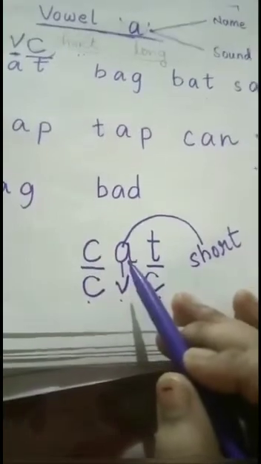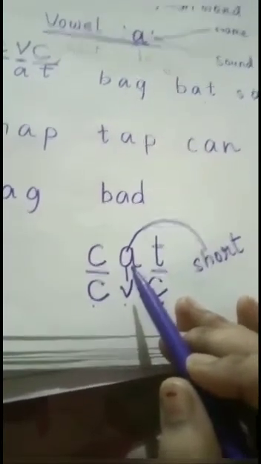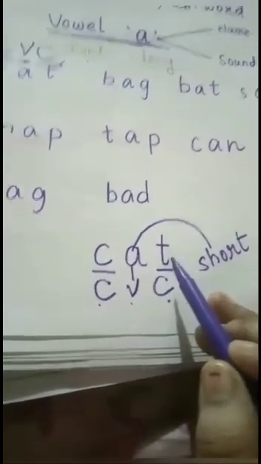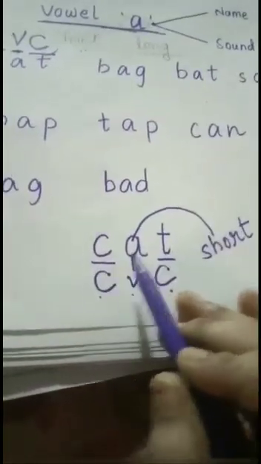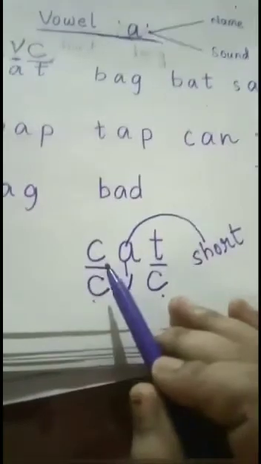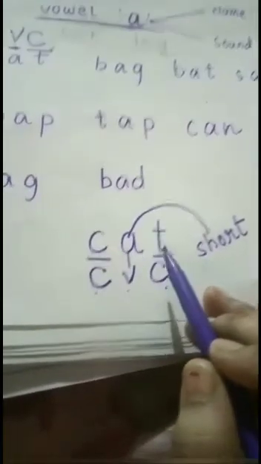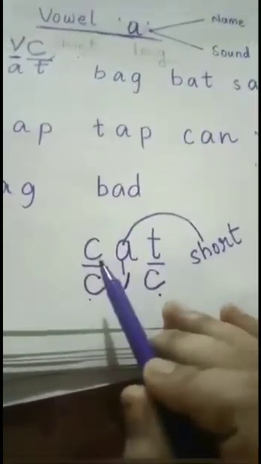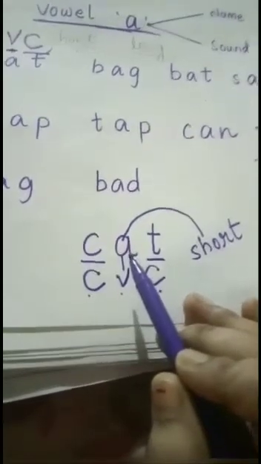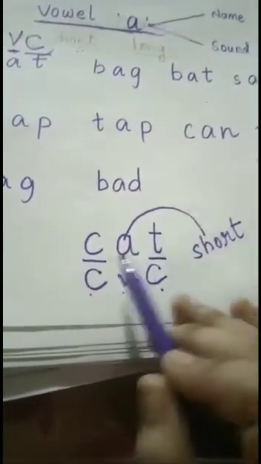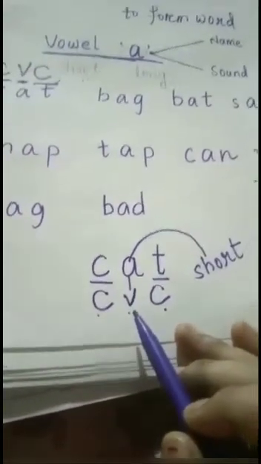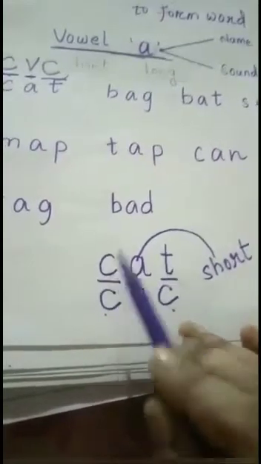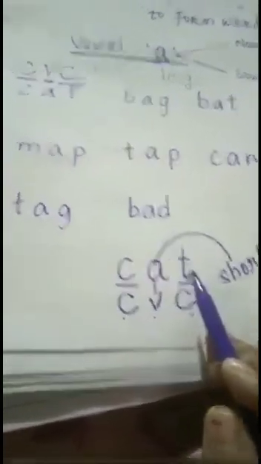A. And the sound of T is t. So, k, a, t. Cat. Okay. Now do you understand how we can read these words using the sounds of the letters?